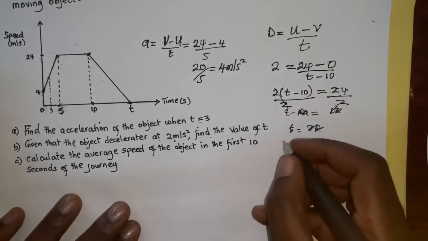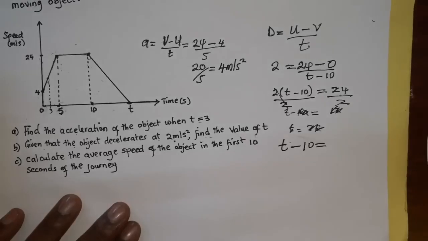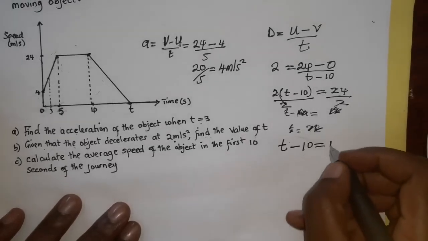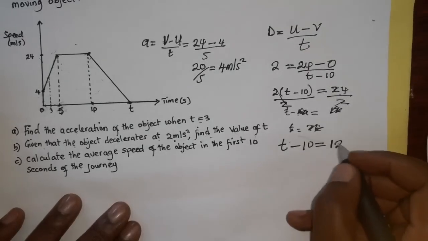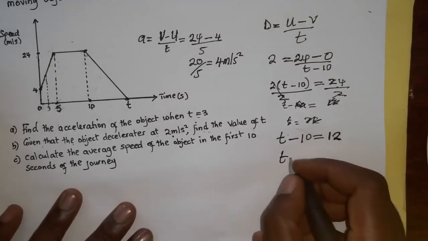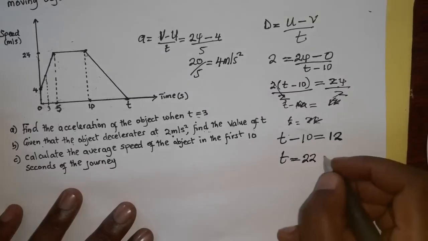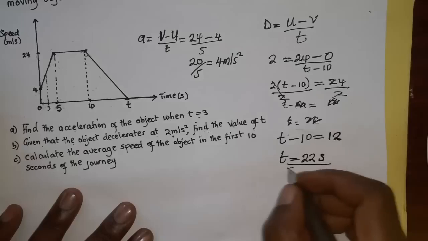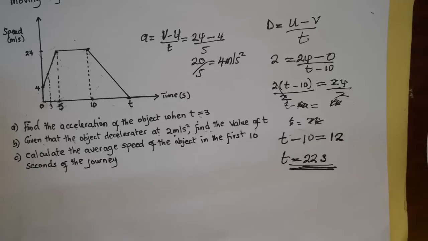This cancels, so you have t minus 10 is equal to 12. Then when you take 10 the other side, t will be 22 seconds. Please, these answers are subject to their suggested answers. You may have different ones.